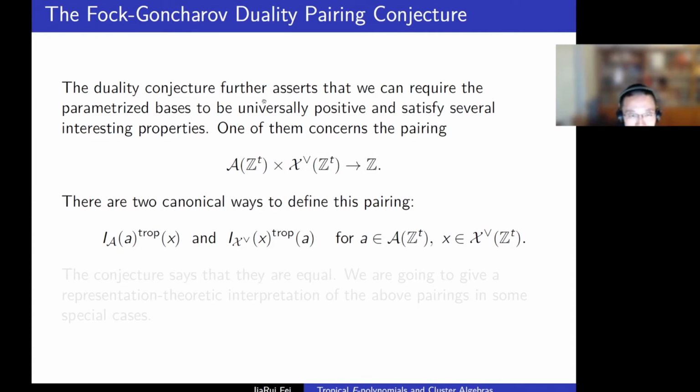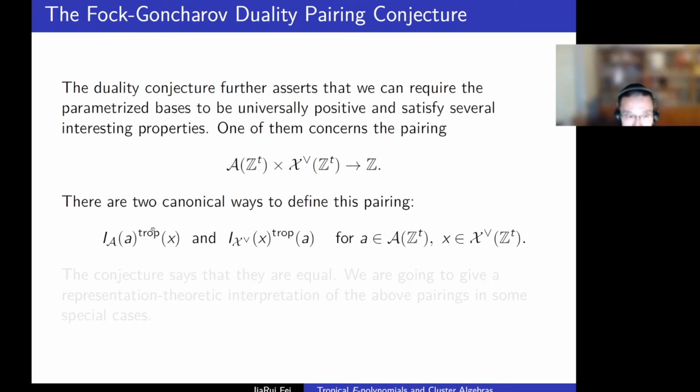Recall the duality picture simply says the tropical points are mirror parameterized bases of the ring of regular functions. So for example, if I take a tropical point in the A variety, then we know it parameterizes a basis. So I map to a basis in the functions on the X variety.